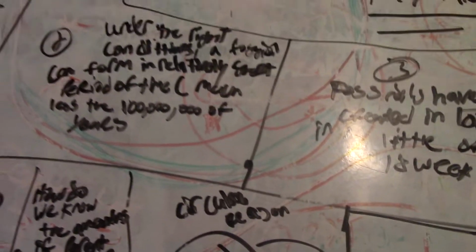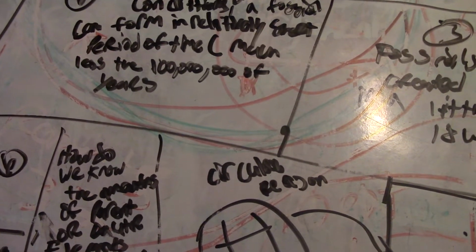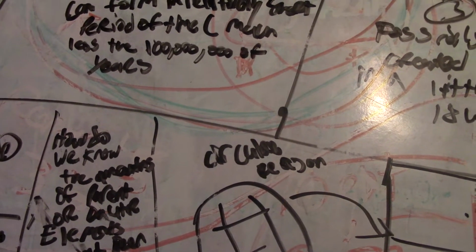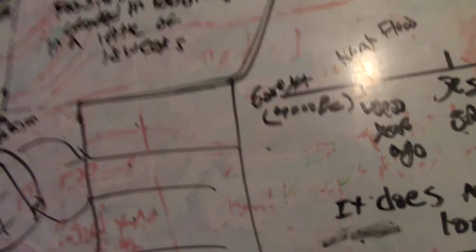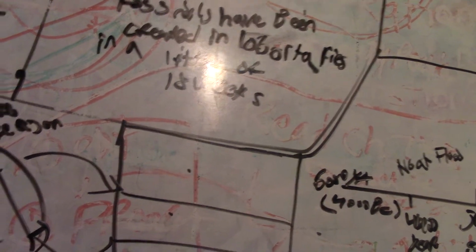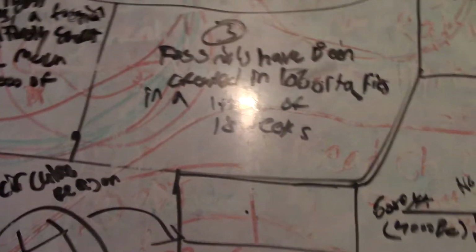Second, under the right conditions, a fossil can form in a short period of time, less than millions of years. Third, fossils have been created in laboratories in weeks. You can see that right there. You can read that, weeks.